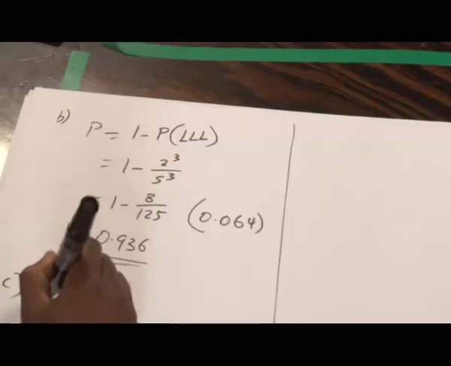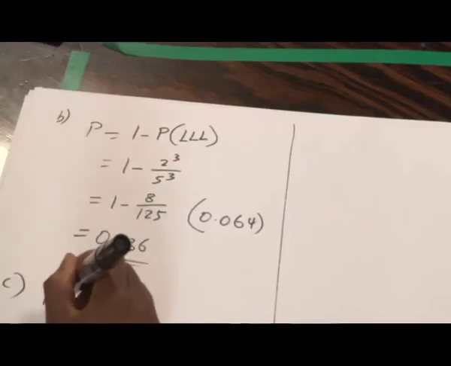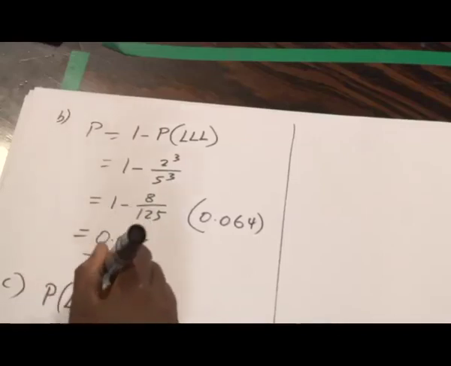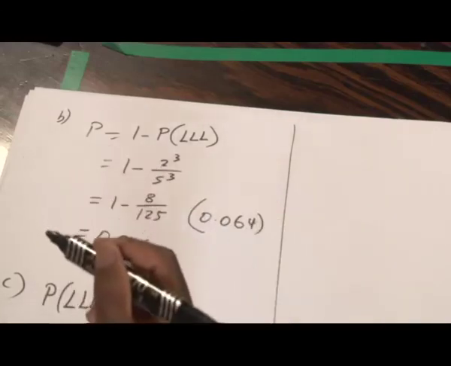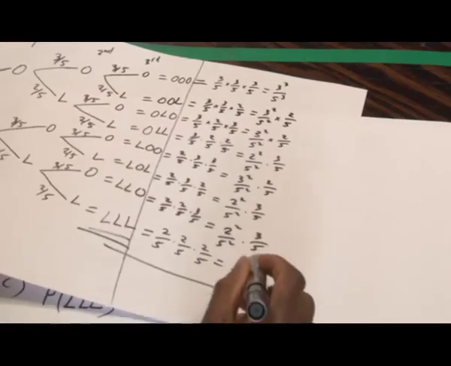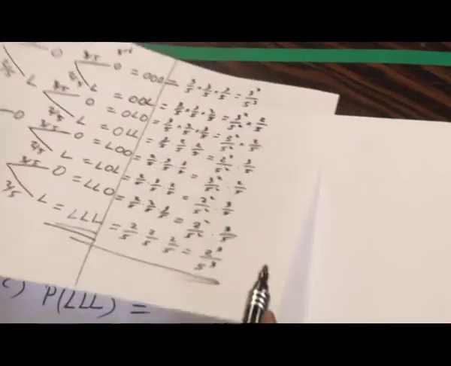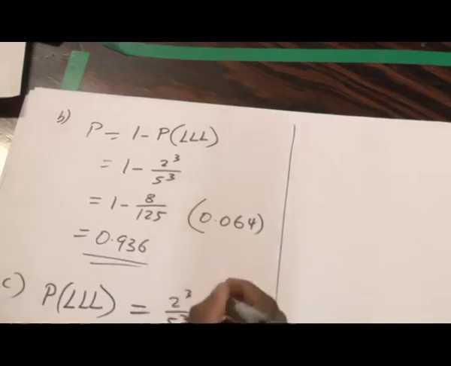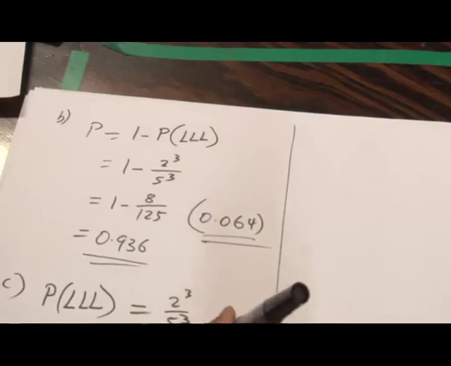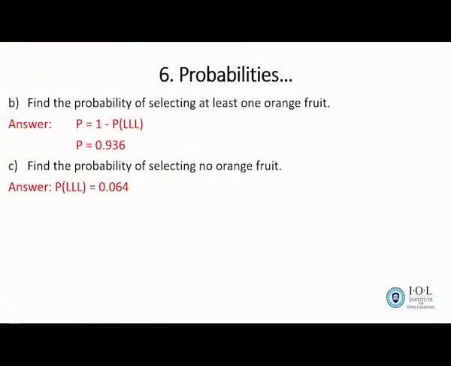Basically, you are being asked to find the probability of only choosing lemon, which is what you have, 2 to the power 3 over 5 to the power 3, which we already have there, which is 0.064.